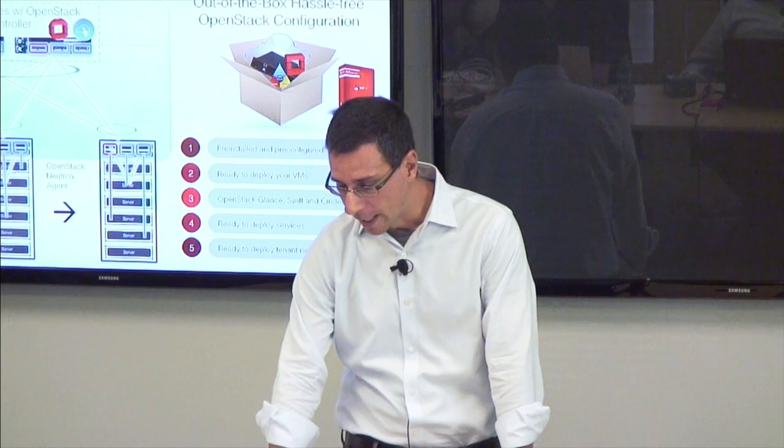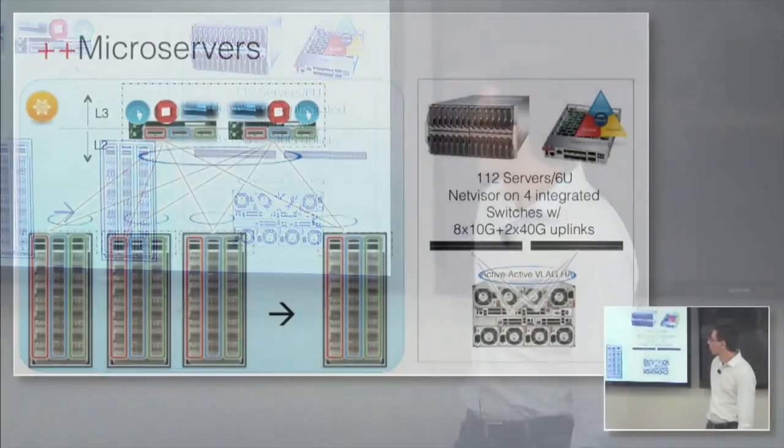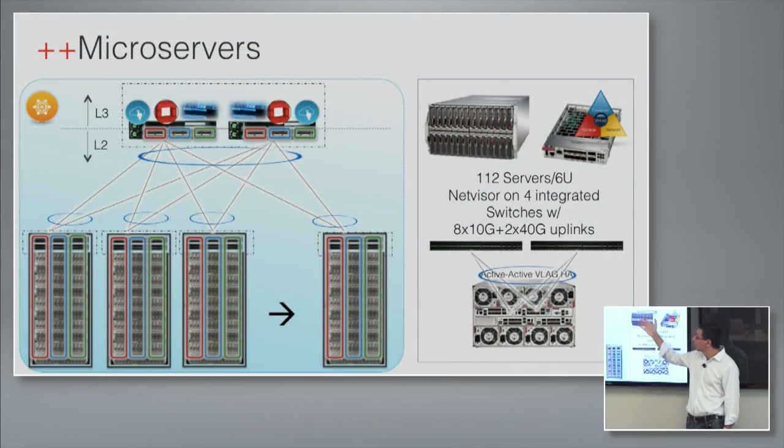Okay, and last, we can also extend Netvisor into the microblade or the microservers. If you have time, you can see it in action live in our mini data center upstairs. It's a 6RU chassis, the model we have here. There are 112 servers distributed on 28 sledges. They call them sledges.